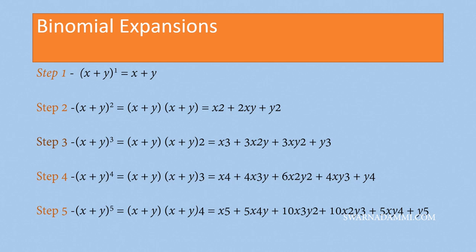Again, what we have obtained in step 4 is x to the power 4 plus 4x cubed y plus 6x squared y squared plus 4xy cubed plus y to the power 4.